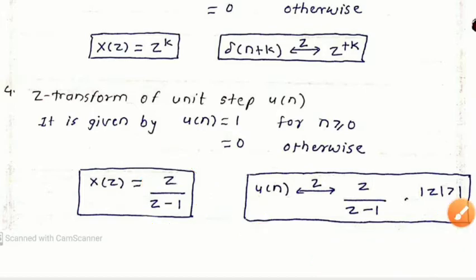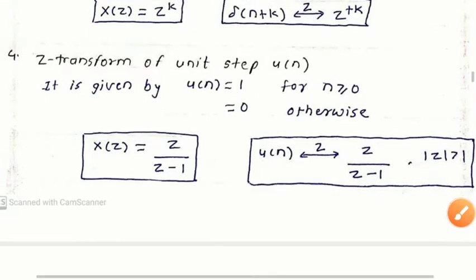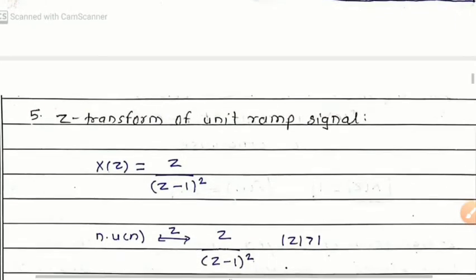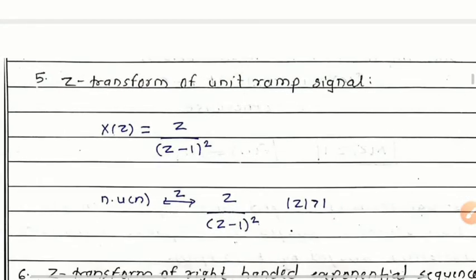We move forward. The next sequence is the Z transform of the unit ramp signal. So its Z transform will be x of z equal to z upon z minus 1 whole square.